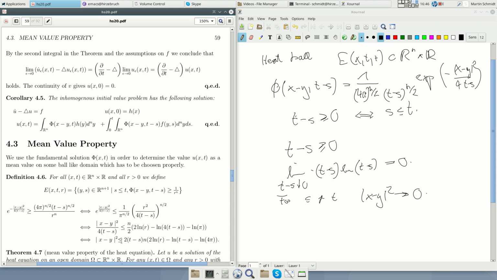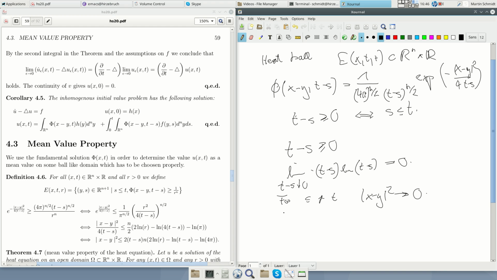Now if t minus s increases, then at some point t minus s becomes larger than 1, and then ln of t minus s becomes positive.